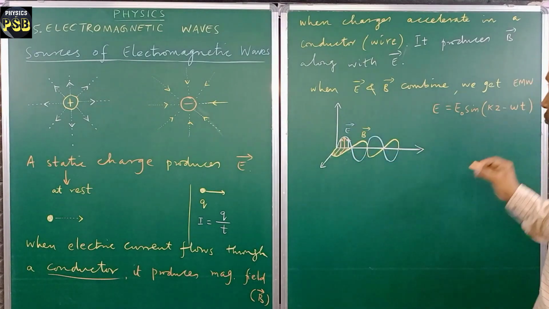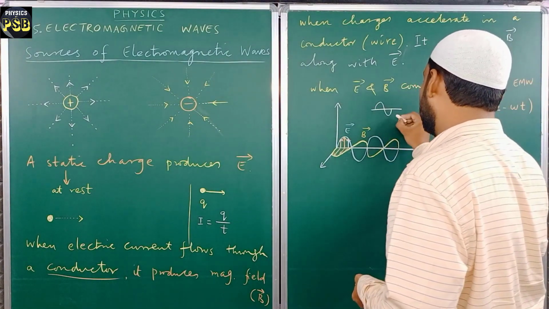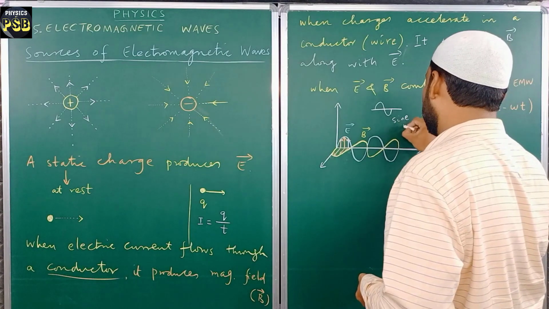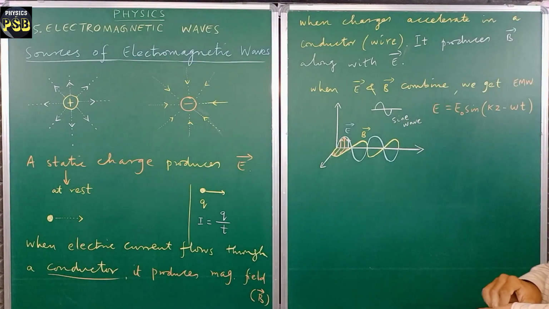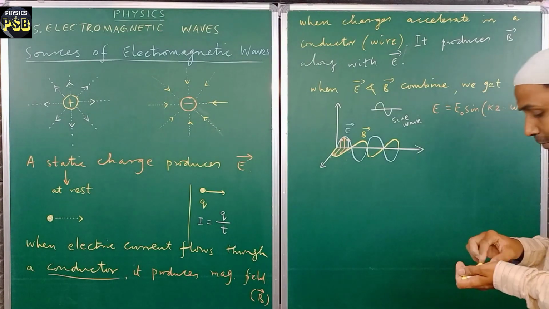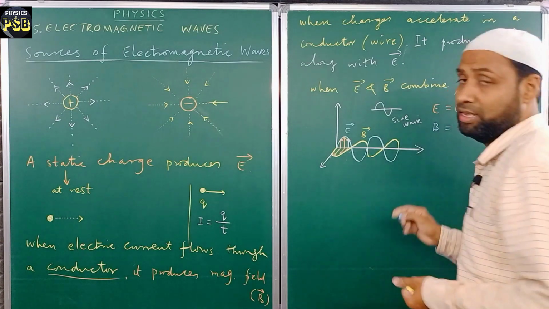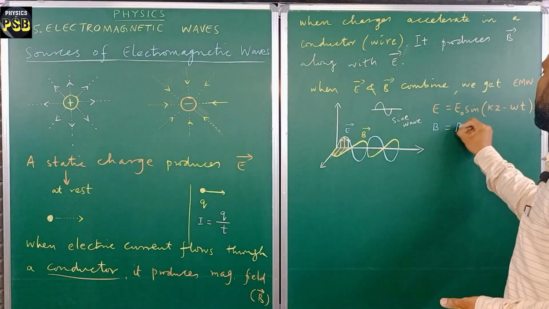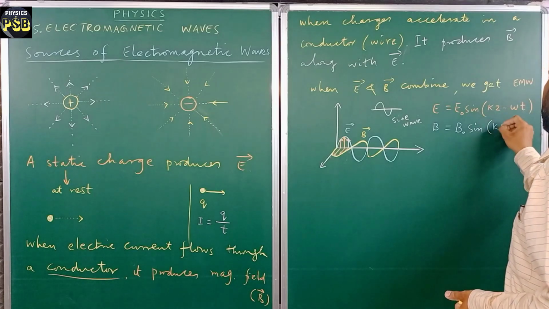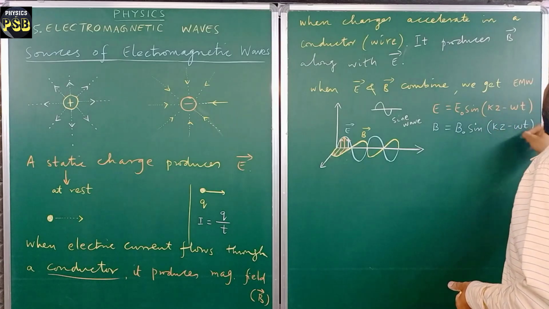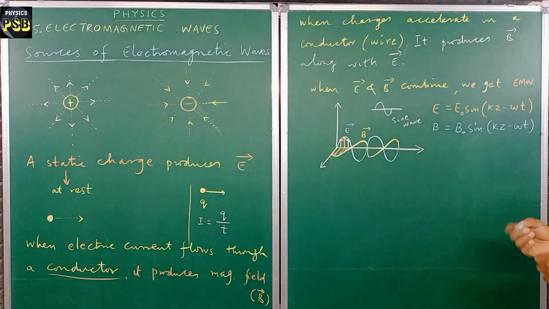Then this kind of wave is called a sine wave, and the sine wave is represented by this equation. Then the magnetic field is represented by an equation just similar to the first one, but in the place of E we write a B. Here E stands for electric field, B stands for magnetic field.